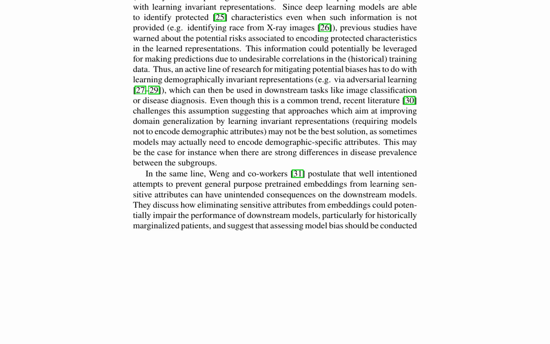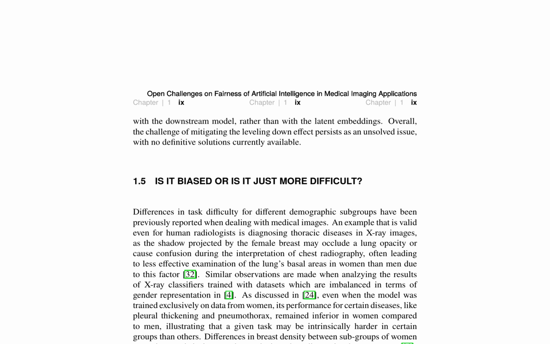Additionally, Wayne and coworkers have postulated that attempts to prevent general-purpose pre-trained embeddings from learning sensitive attributes can have unintended consequences on downstream models, potentially impairing their performance, particularly for historically marginalized patients. They emphasize the need to assess model bias and consider the potential consequences of eliminating sensitive attributes from embeddings. The persistent challenge of mitigating the leveling down effect in fairness of artificial intelligence in medical imaging applications continues, with no definitive solutions currently available.